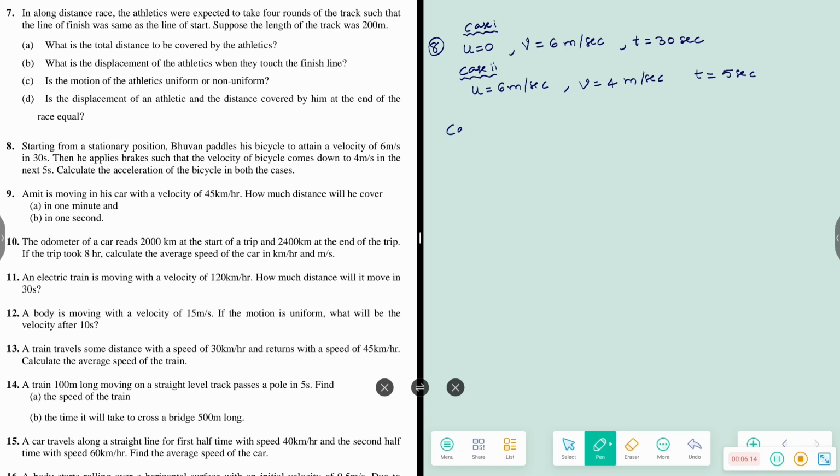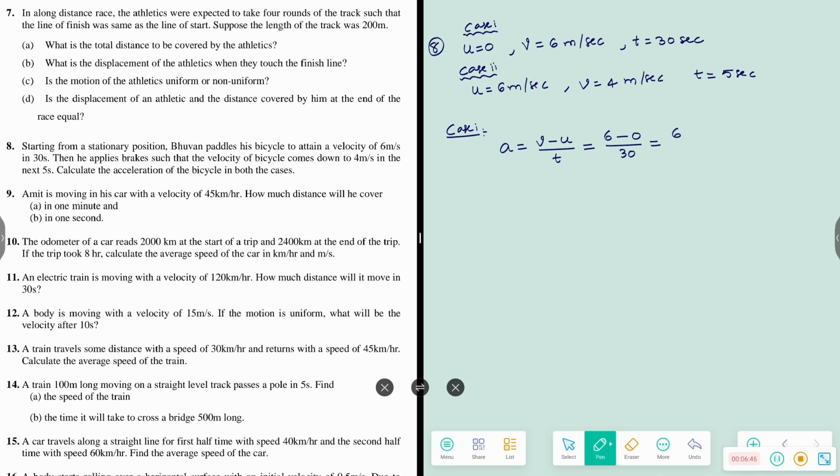So case 1 solution. What is the formula? Acceleration is equal to final velocity minus initial velocity by time. Acceleration means change in velocity. So final velocity minus initial velocity by time. So here we will substitute that final velocity is 6 meters per second, and initial velocity is 0 in the first case, and time is 30 seconds.